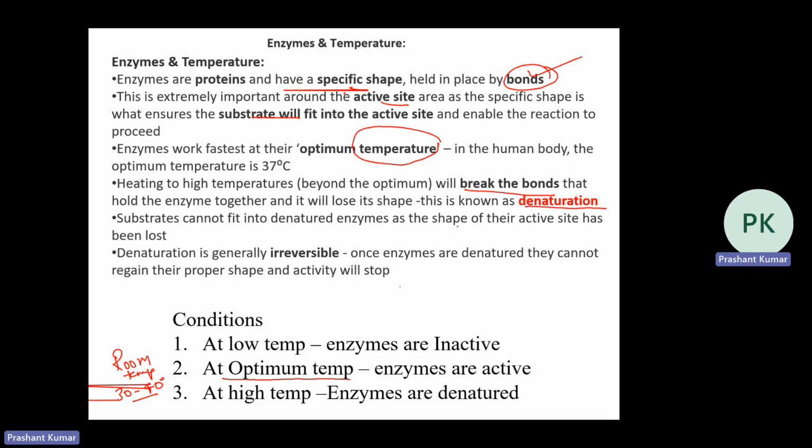Denatured means the enzyme has lost its specific structure. Shape has been lost, and denaturation is generally irreversible. You can't get your enzyme back. So once the shape is distorted, the activity will completely stop, or the rate will be slow.